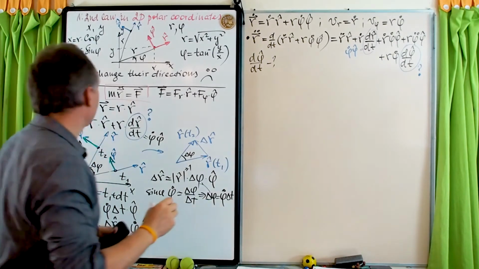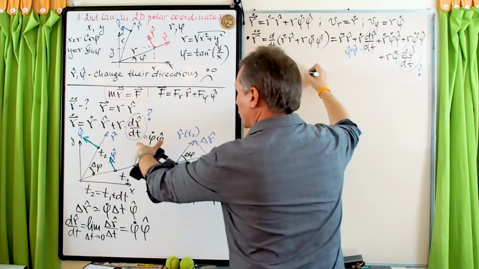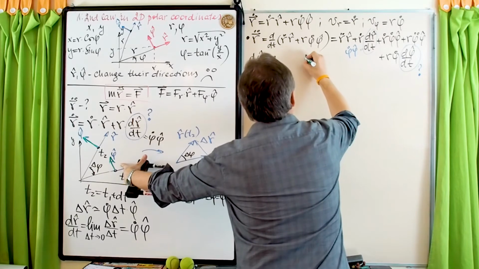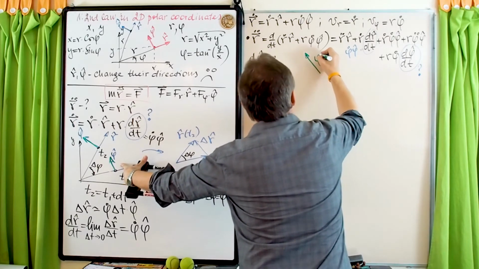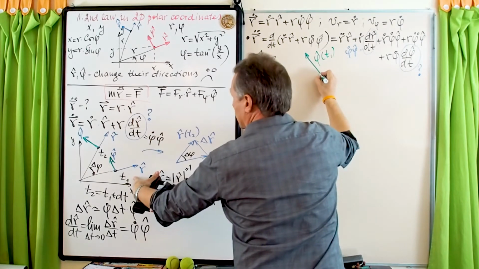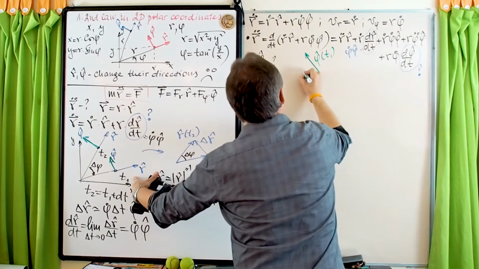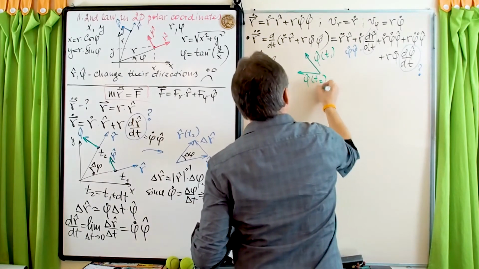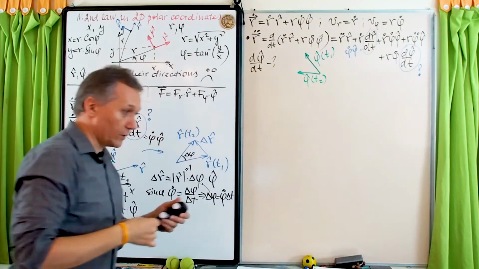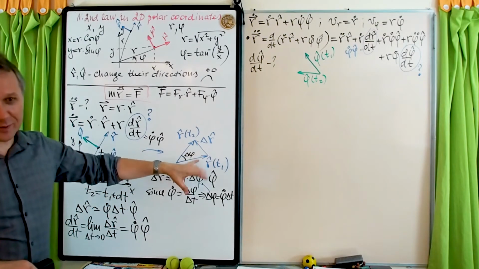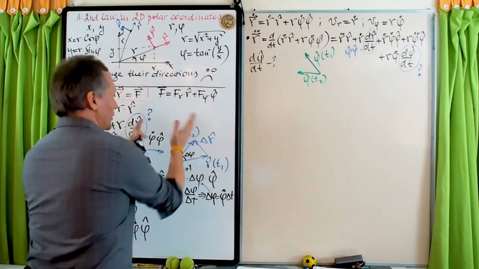Right. So now I have to draw these green vectors. So it will be phi hat at t1. And this is approximately phi hat at t2. And of course, again, they are perpendicular to r hats, right? So it's basically like taking this picture and turning by 90 degrees.